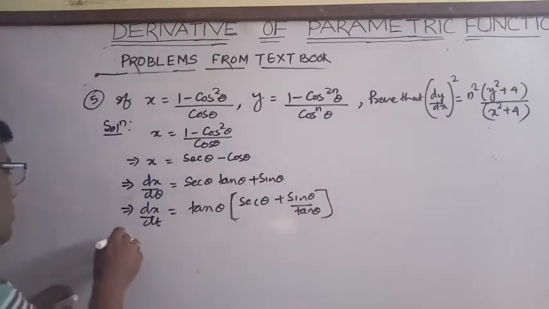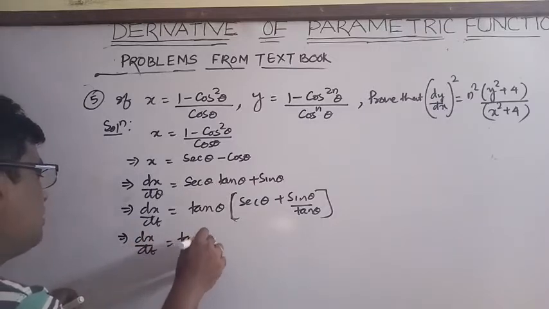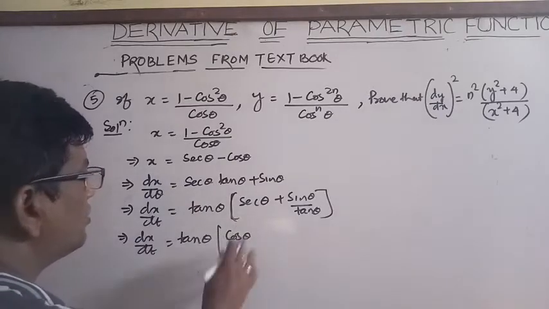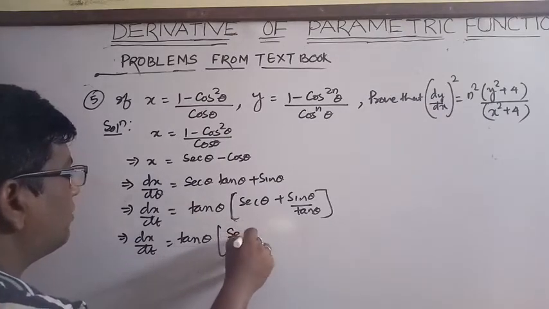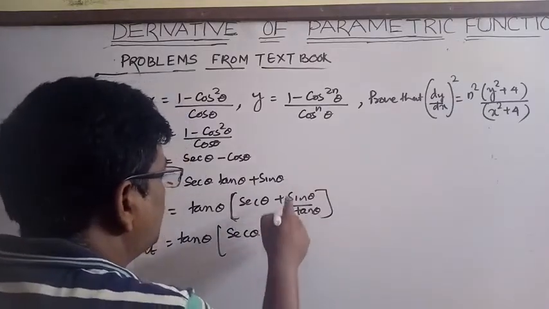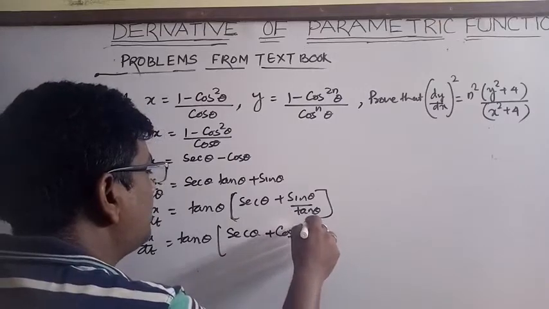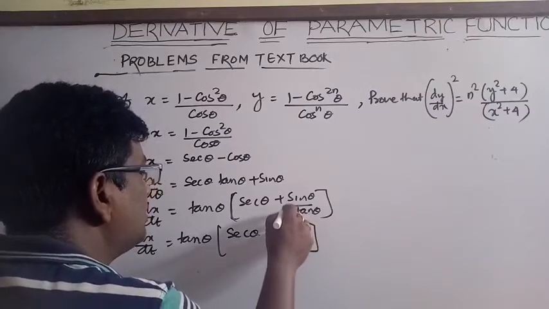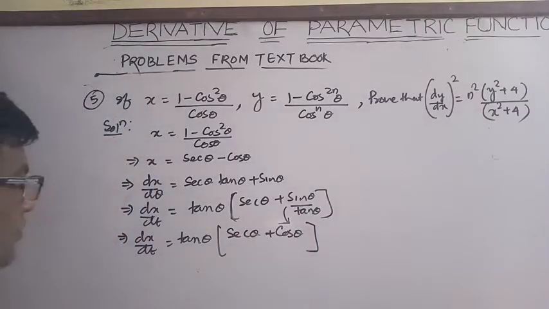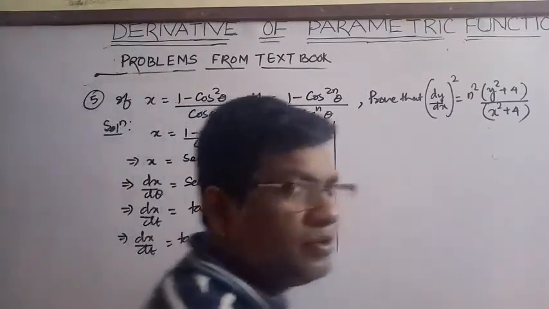And this is equal to dx by d theta is equal to tan theta, and this is cos theta, sec theta, and sin by tan means cos theta. Sin theta by tan theta means cos theta. Okay. Similarly, now y is equal to what?